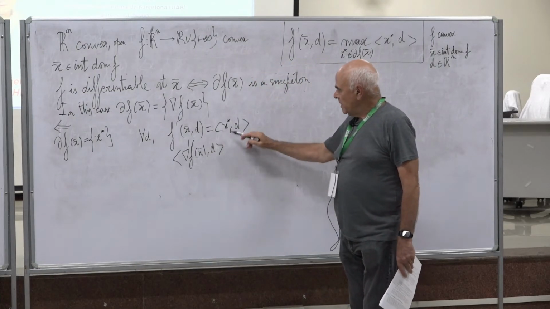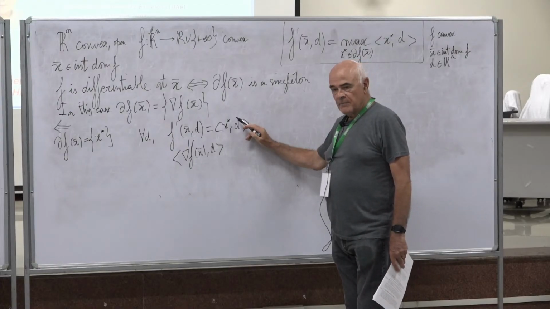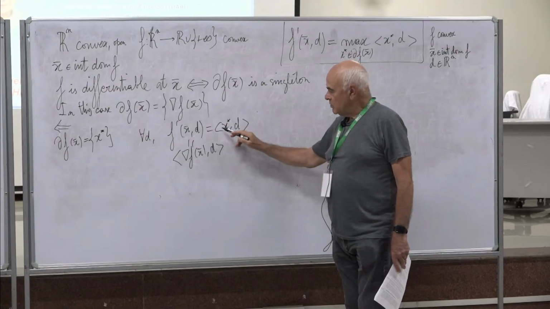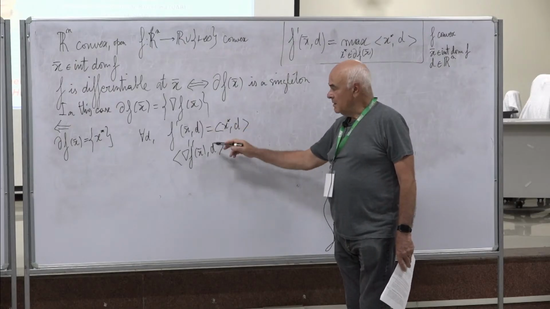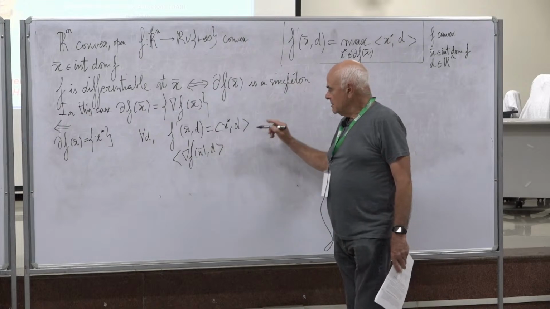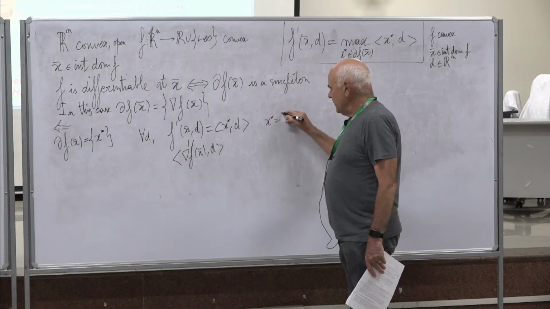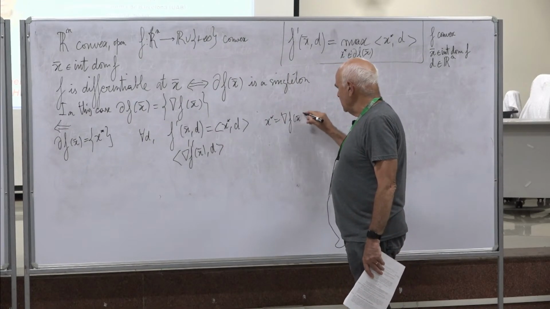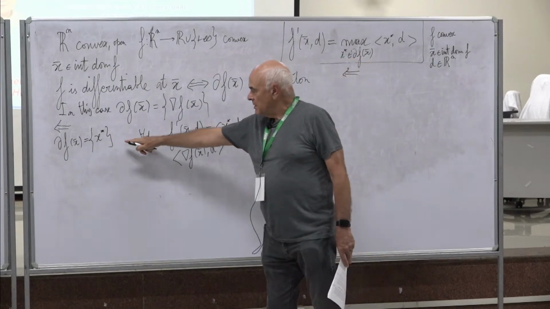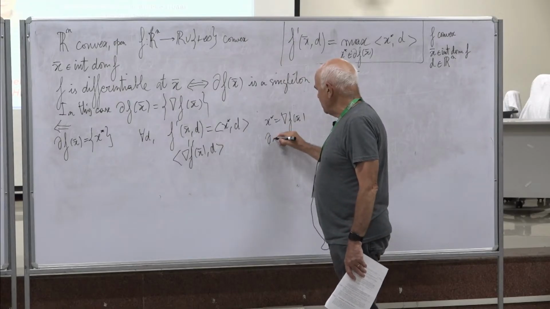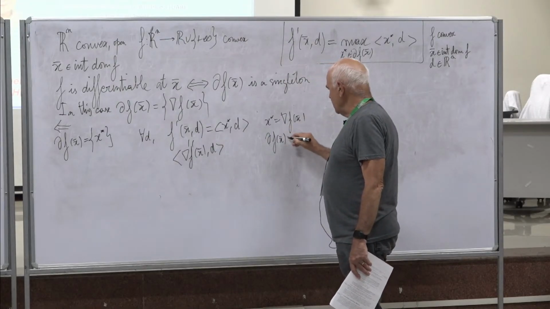So these two linear functions coincide. This implies that the vectors defining these linear functions are the same. So this shows that x star is the gradient of f of x bar. X star was the only element in the subdifferential, so the subdifferential is the gradient.